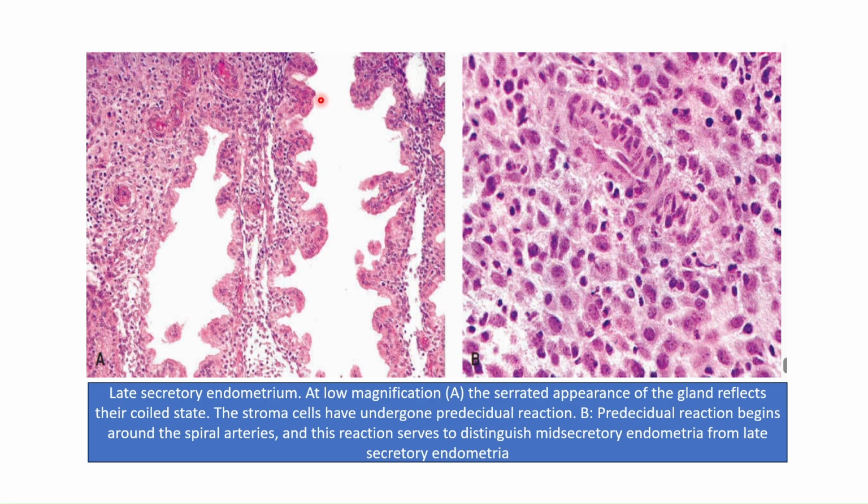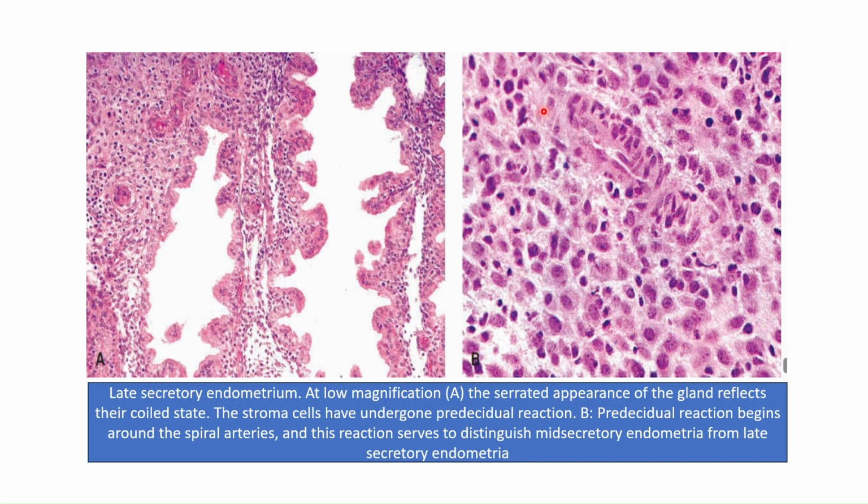In late secretory phase, you can appreciate sawtooth or serrated glands, and the stroma shows pre-decidualized change. This change starts surrounding the spiral arteries and then involves the whole tissue.